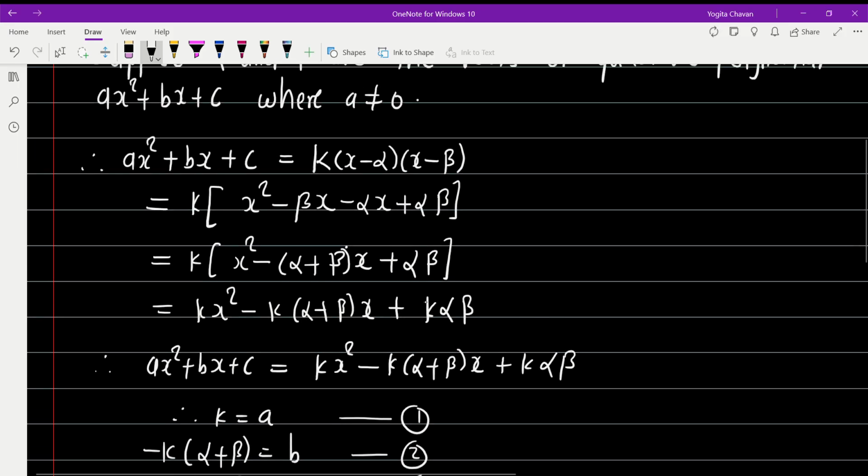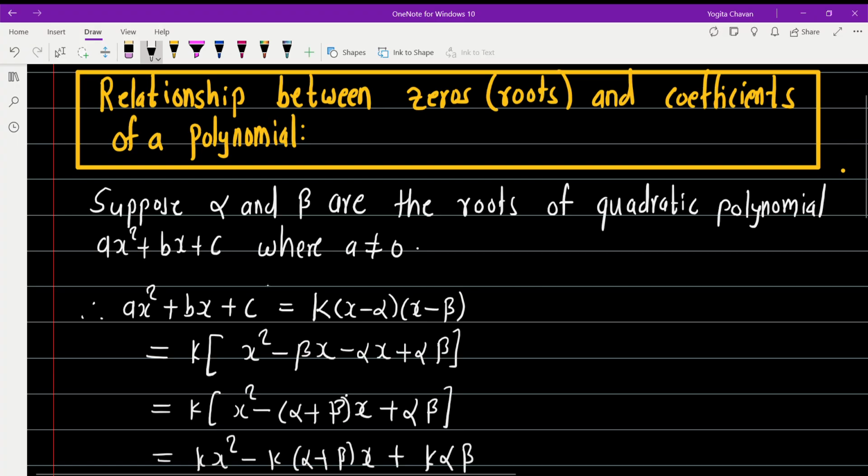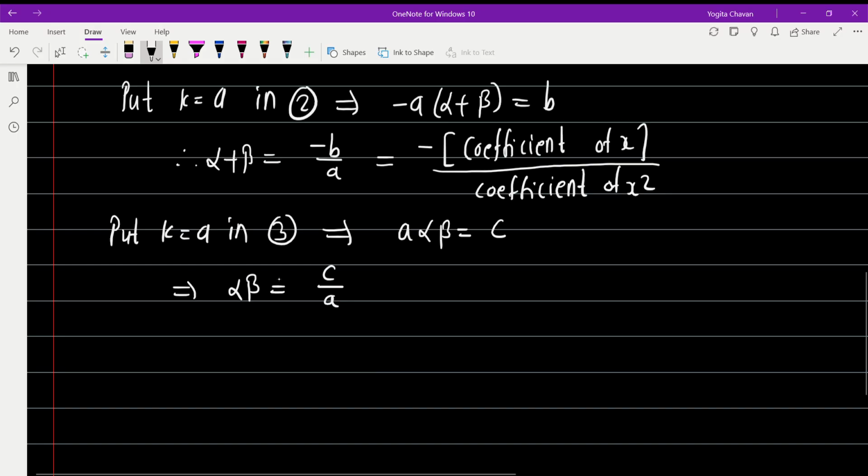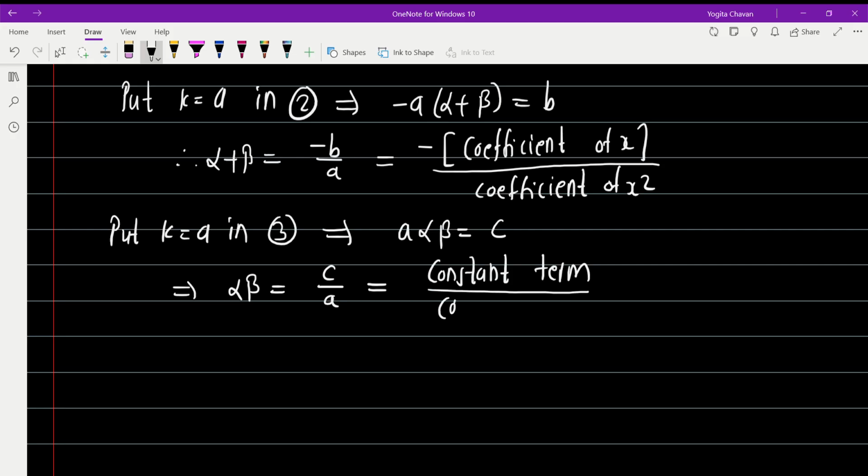C is nothing but the constant term of this quadratic polynomial. So the product of the roots alpha into beta is equal to c upon a and is equal to the constant term divided by the coefficient of x square.